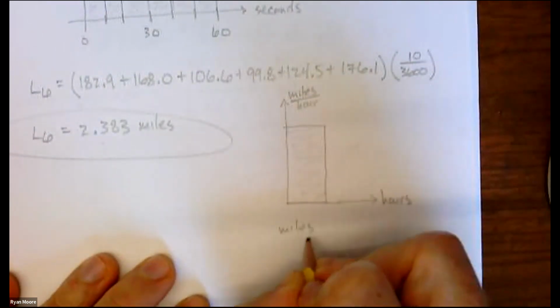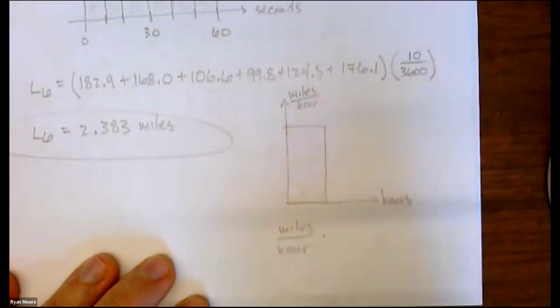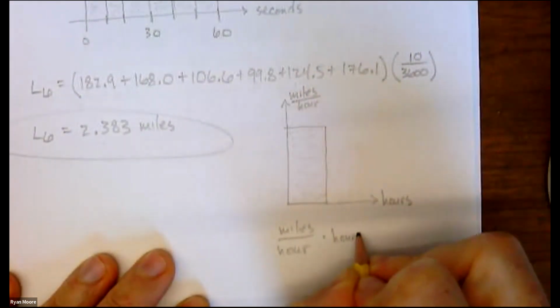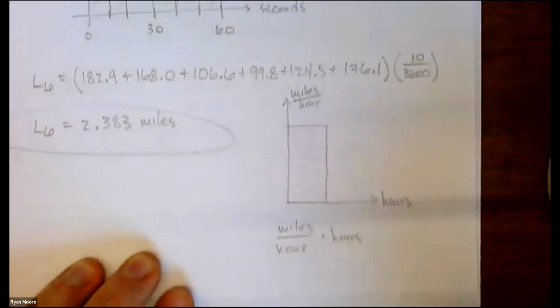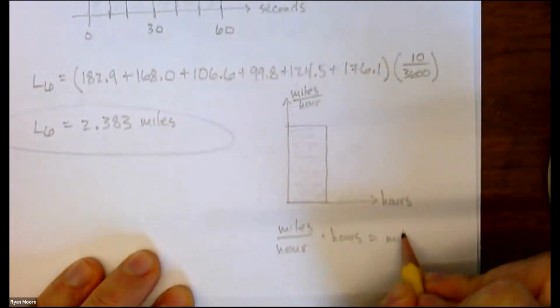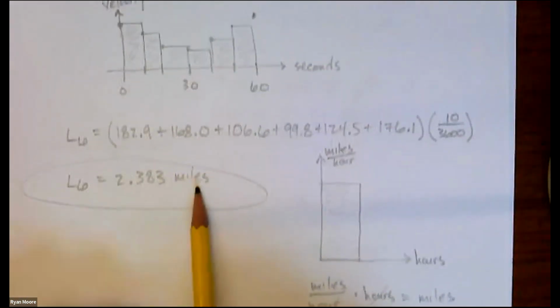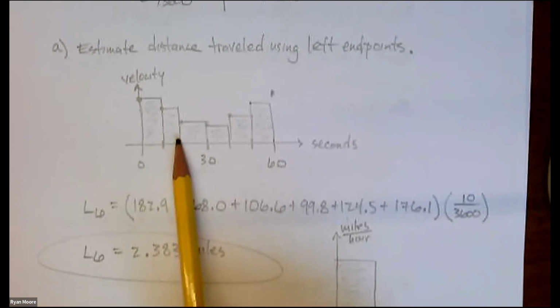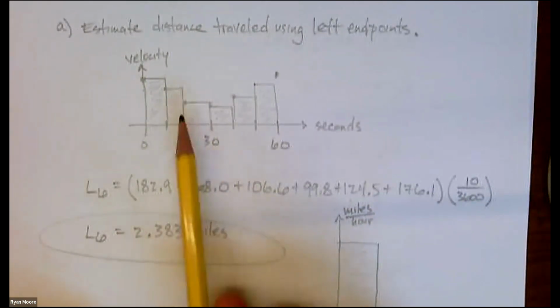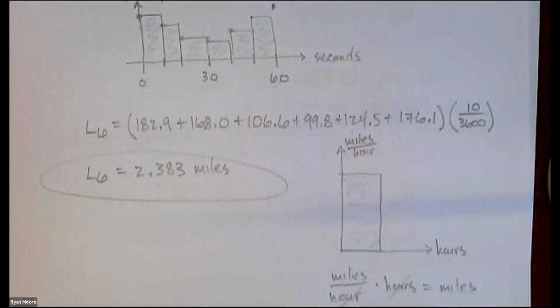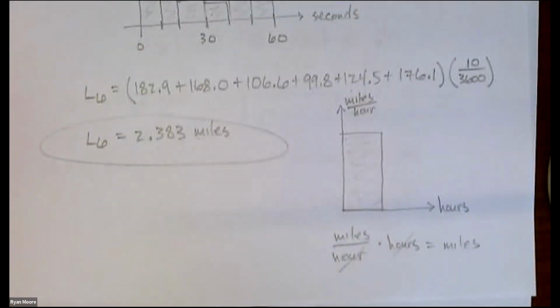The units for the height are miles per hour. The units for the base are hours. Well, when you multiply miles per hour by hours, what happens? You get miles. So that area, although we're thinking of it as an area graphically, it actually represents a distance, just a linear distance. That's pretty cool.